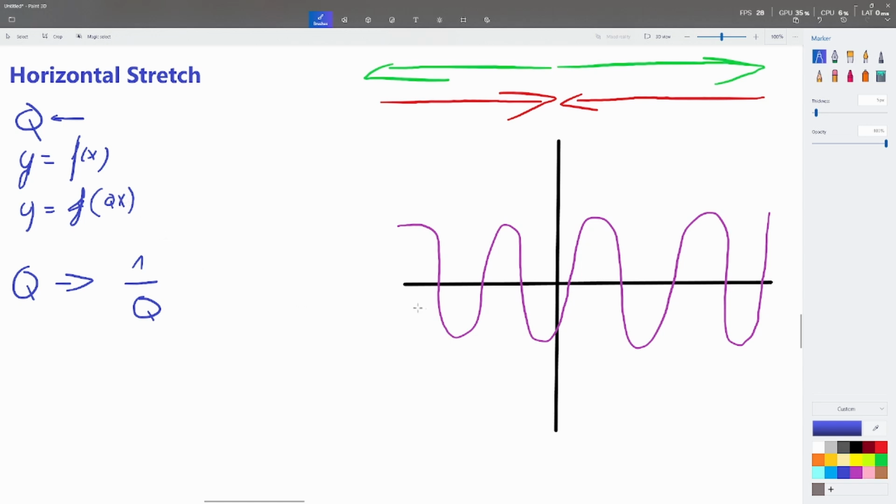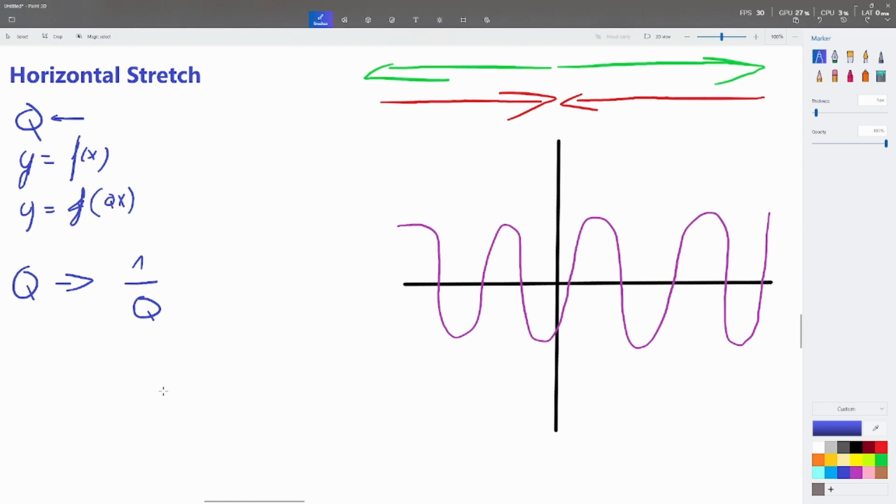Something you always have to know is that if you have a horizontal stretch of q, let's say it says do a horizontal stretch by 2, then it will turn out to be 1/2. This is a rule. Sadly, I cannot explain by heart why it is like this, however it is something you always need to know.